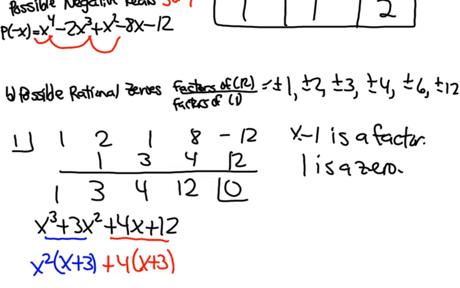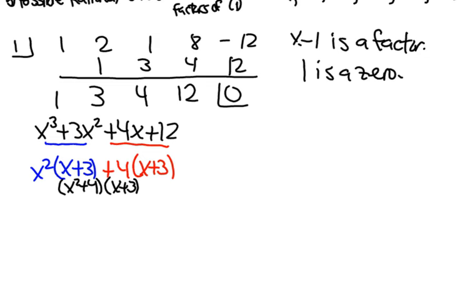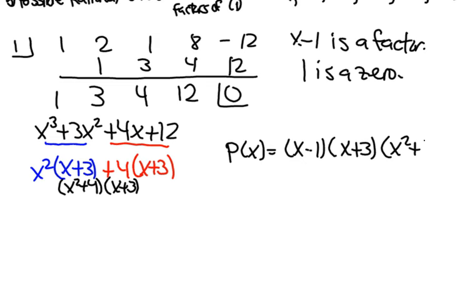So now I can write this out here as what? x squared plus 4 times x plus 3. Okay, so I'm going to write p of x here. I'm going to do my factors first. That's x minus 1. We have x plus 3 and x squared plus 4.